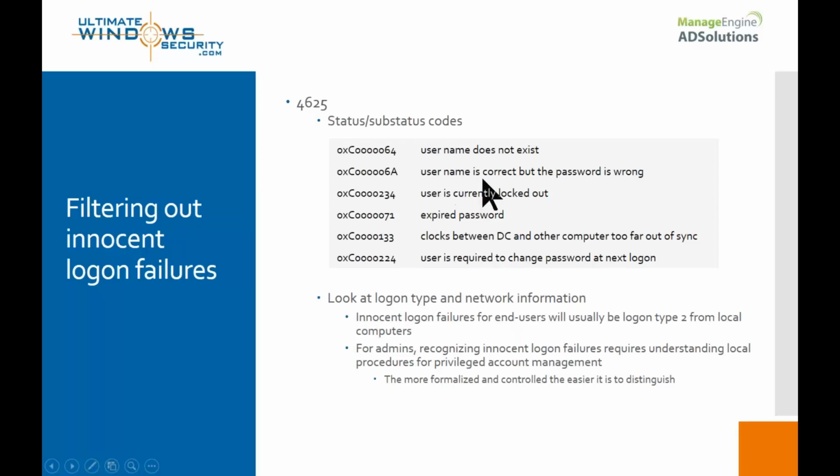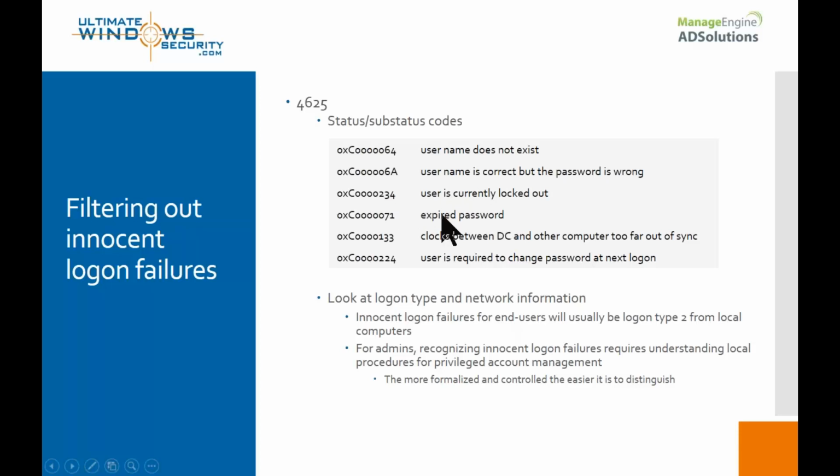So when a user enters their username incorrectly, we're going to get 64. What if a user puts in an existing username, but they entered the password incorrectly? That'll be 6A. What if they did that enough times in a row that their account got locked out and they continued to try to log on? That'll be 234.